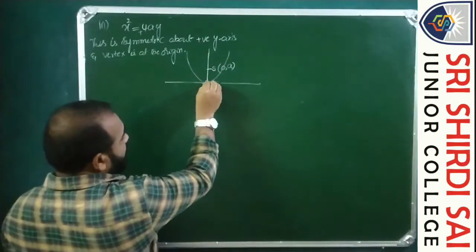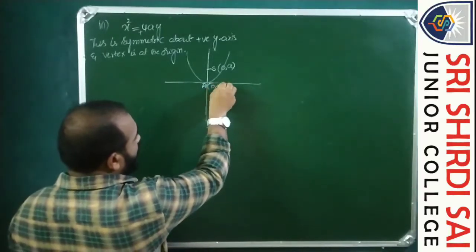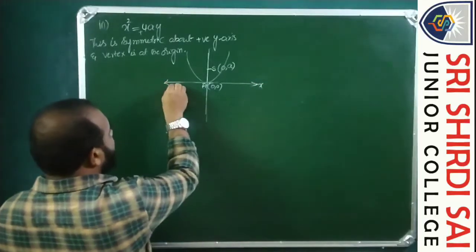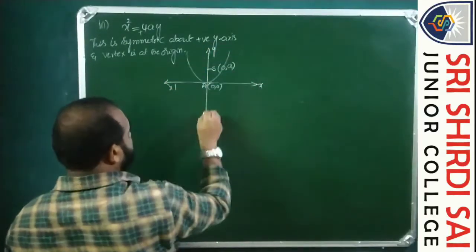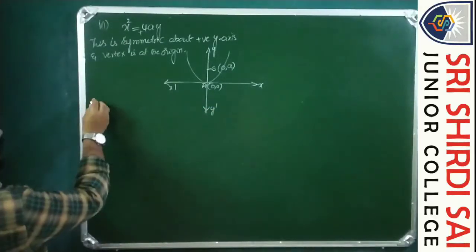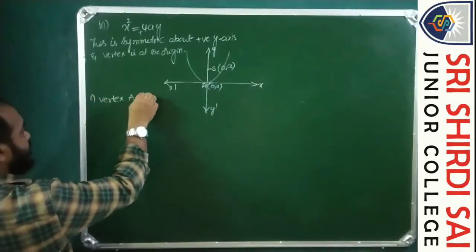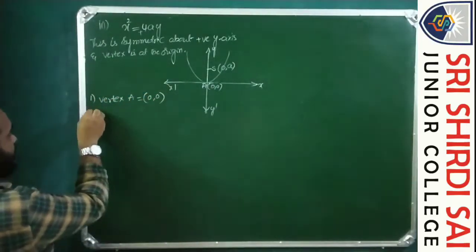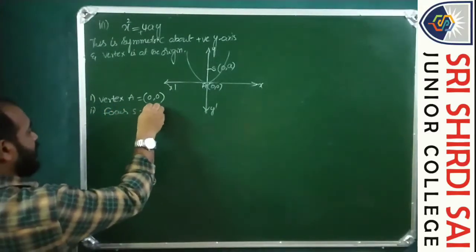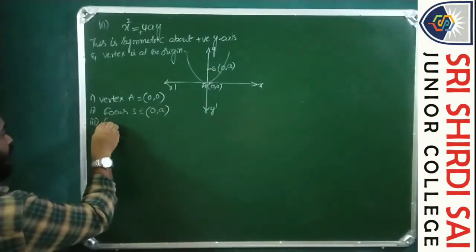The vertex is nothing but the origin 0 0, which is the point of intersection of the x-axis and y-axis. So let us write the points. Vertex A is 0 0, second, focus S is 0 comma a.